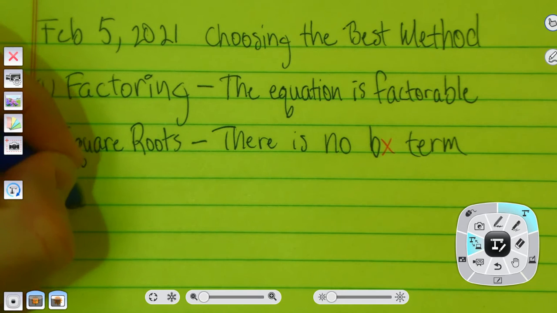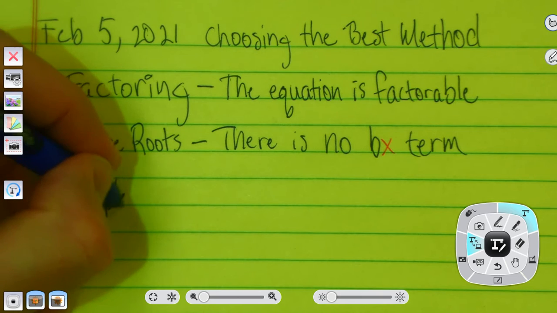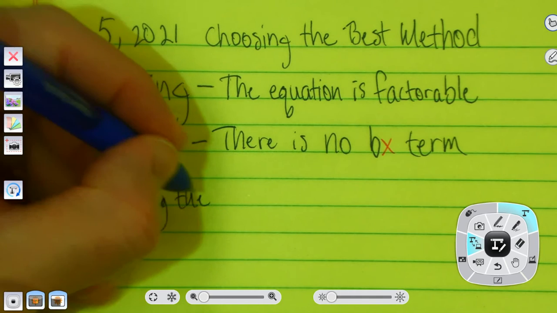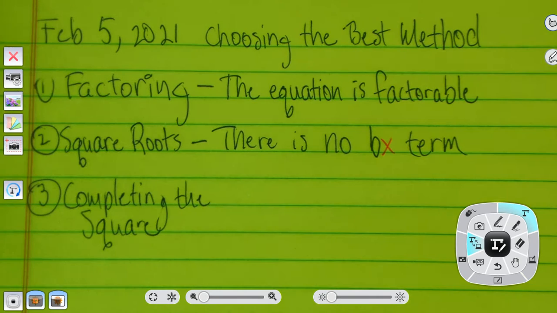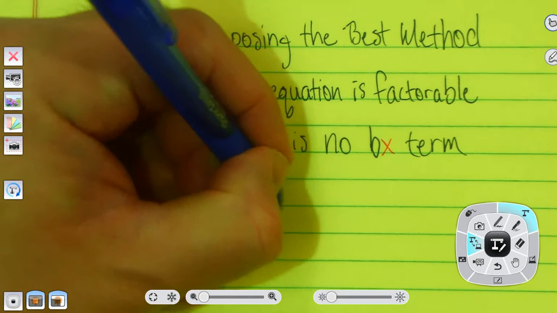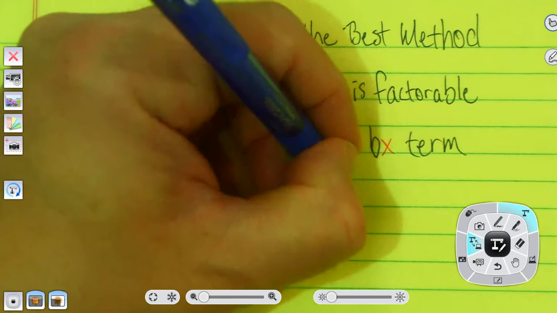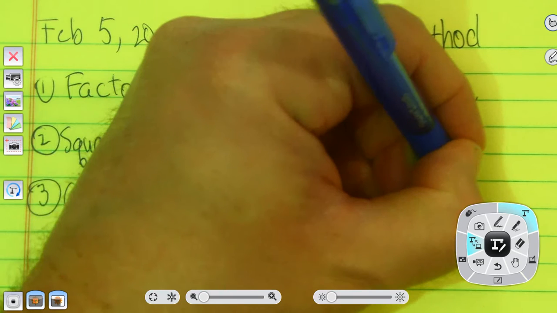Then we talked about completing the square. And that's the best when A is equal to 1 and B is even, an even number.